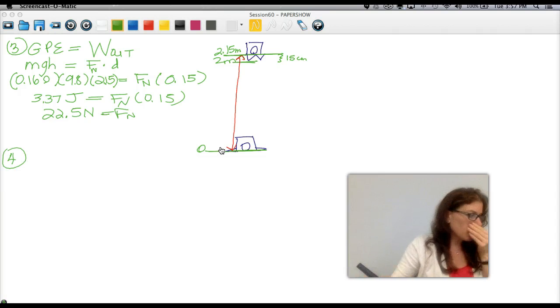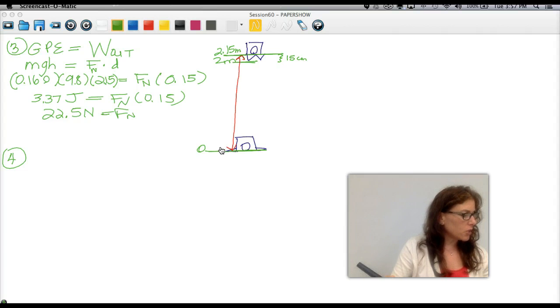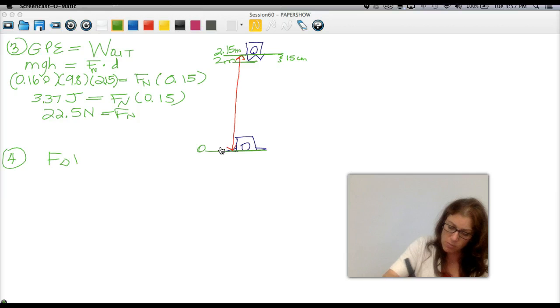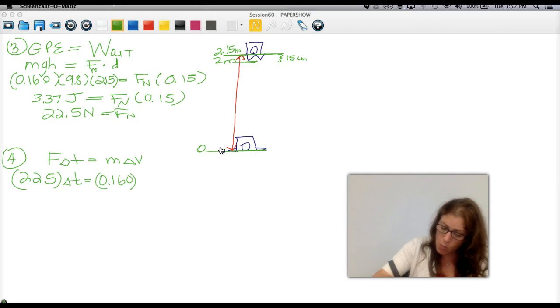Number 4. Use the impulse change in momentum relationship to find the contact time. So this is the impulse change in momentum relationship. We now have the force. We want the contact time. We know the mass. We know that our final velocity is 0 and our initial velocity is negative 6.26.